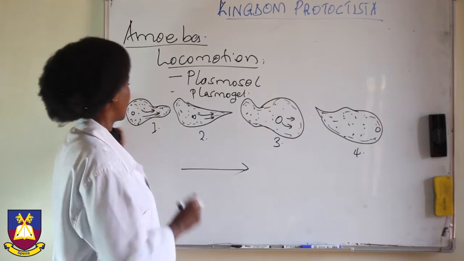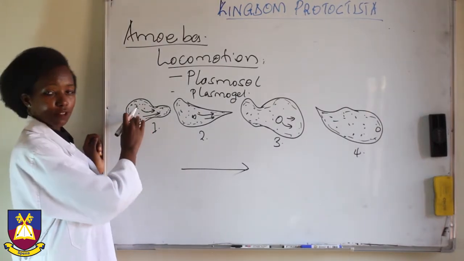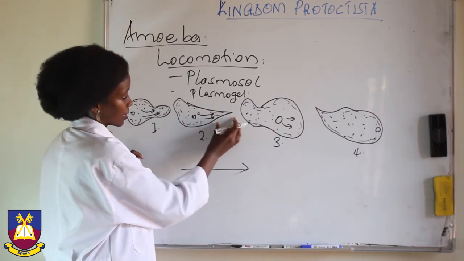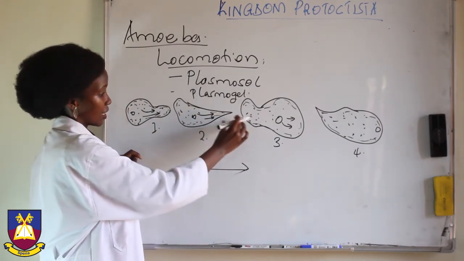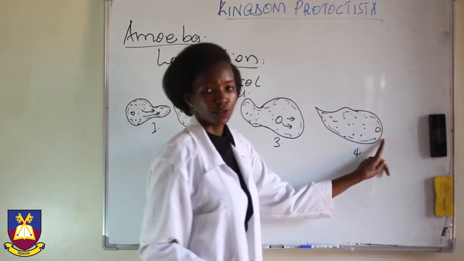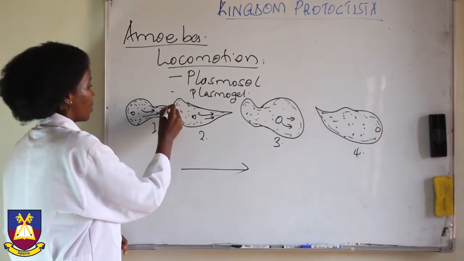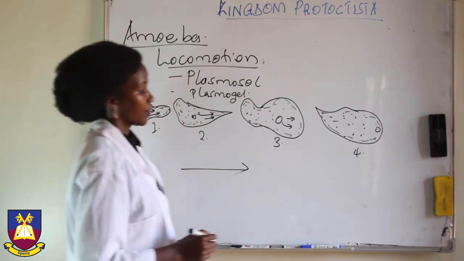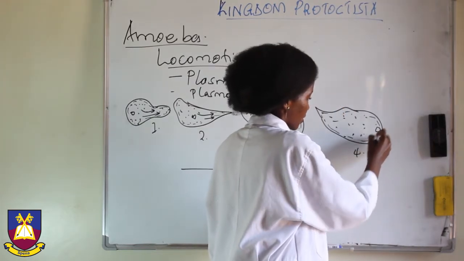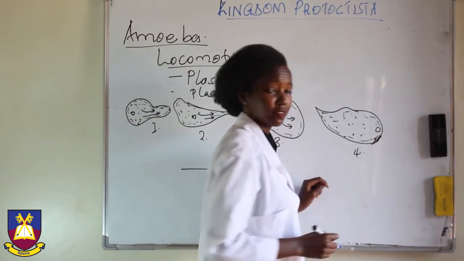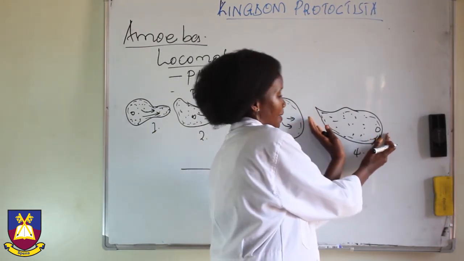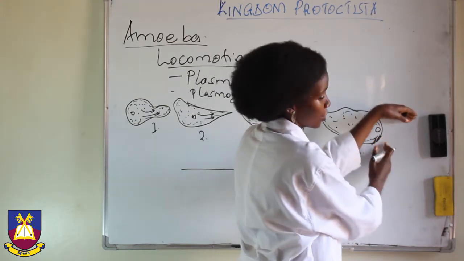So as we see here, this shows the part of the cytoplasm that has the nucleus. Here, that part of the cytoplasm is coming closer to this other edge, even closer, until this point where it is close. And so when it is moving, the part of the cytoplasm here will harden to form a plasmogel, so that this other part of the cell continues that side.